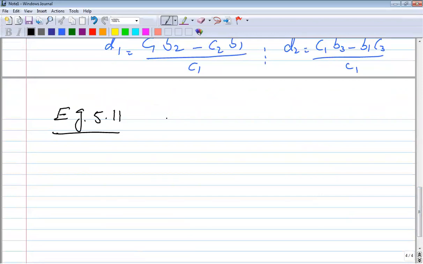It says I have a polynomial a0 s cubed plus a1 s squared plus a2 s plus a3 is equal to 0. This is basically a denominator polynomial, and I want to find out its stability.